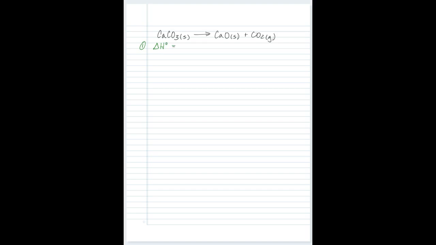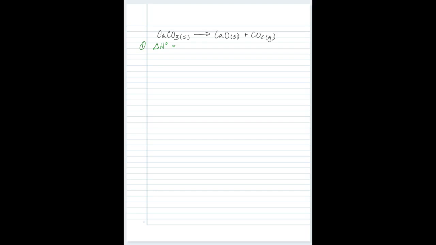And the delta H of formation, remember when we do this, we're summing the products times their coefficients, and then the reactants where we change the signs of the reactants. Because remember, reactants are being broken down, they're not formed. So we're using the opposite of the delta H of formation for the reactants.